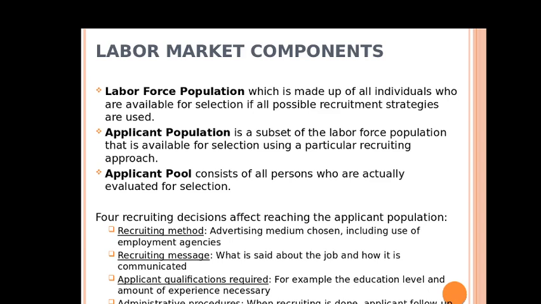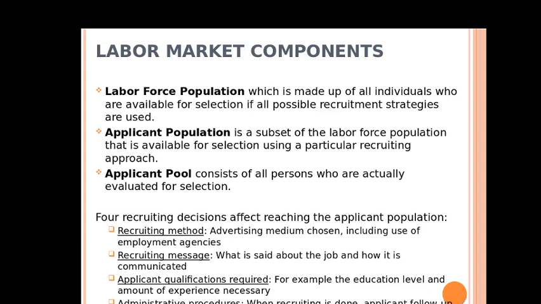This large number of potential applicants may be reached using many different recruiting methods, for example newspaper ads, job boards, college job fairs, or simply word of mouth and referrals. Each recruiting method would reach different segments of the labor force population.